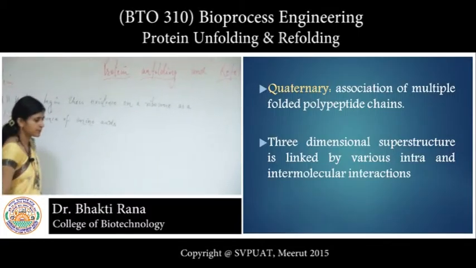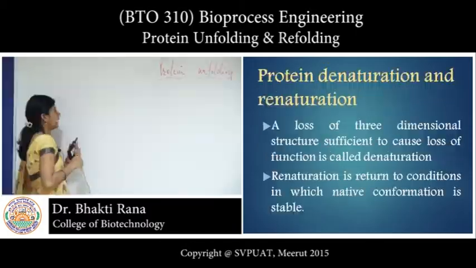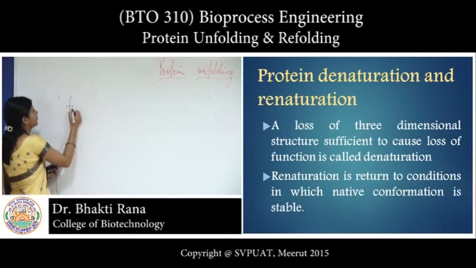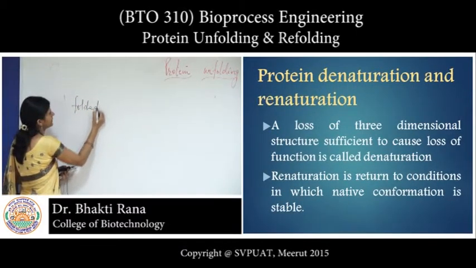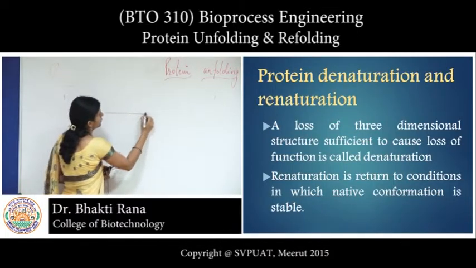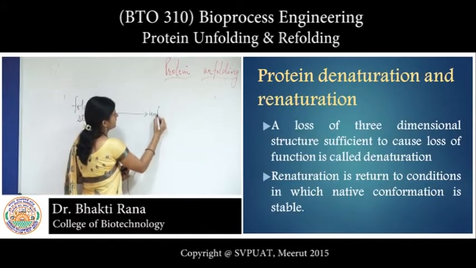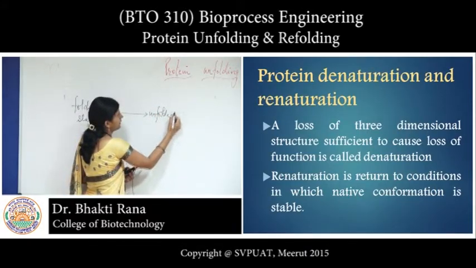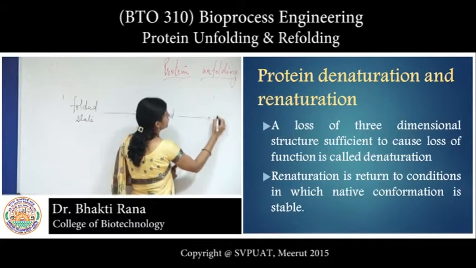Then we come to unfolding. As you already know, protein is found in a folded state. After that it is going to unfold, and after that again it is going to fold.